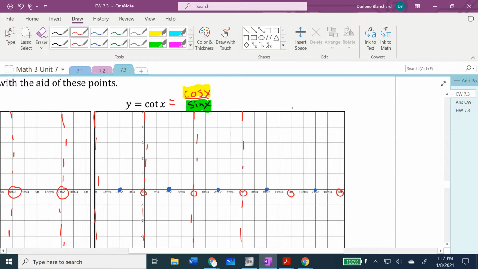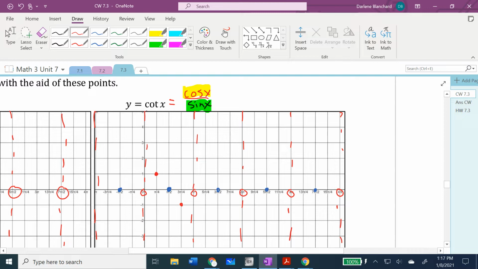Now, if I start plotting some of the points of the cotangent graph that we found a moment ago, take a look at the fact that at pi over 4, cotangent is equal to 1. And at 3 pi over 4, cotangent is equal to negative 1.